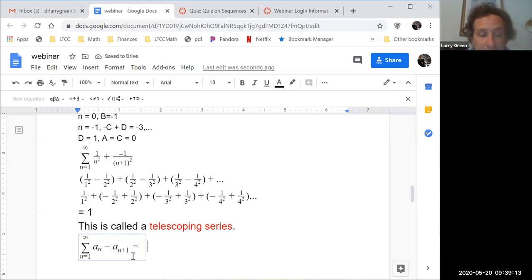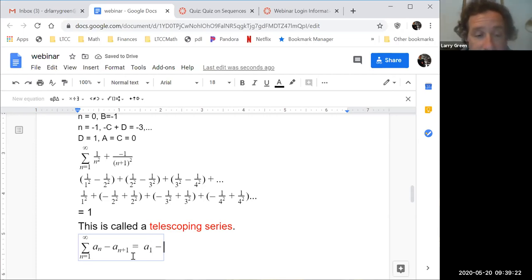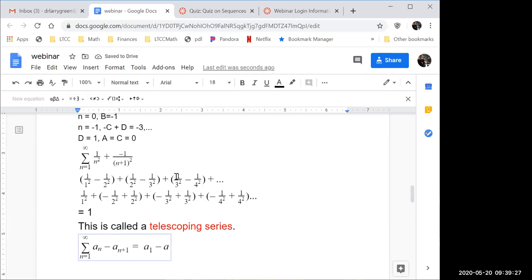It's going to be equal to a1 minus a infinity, which is the limit as n goes to infinity of a sub n. I'm just going to write it. It's easier to type.